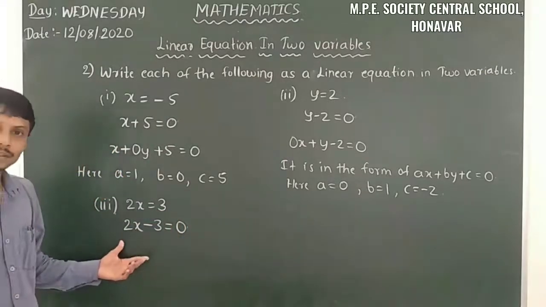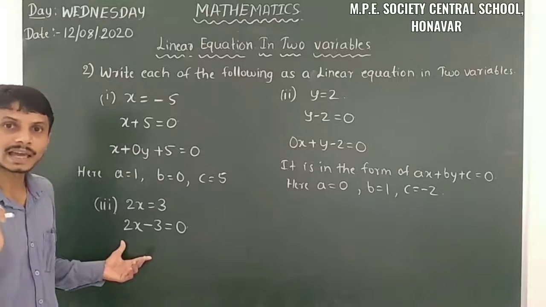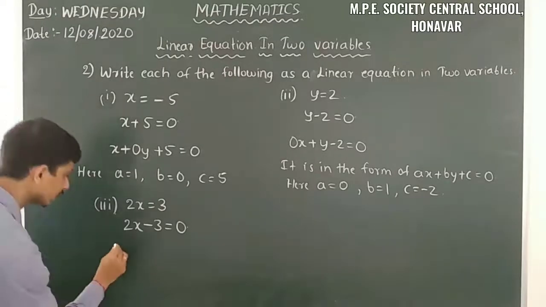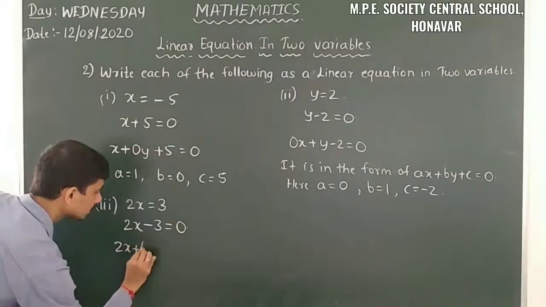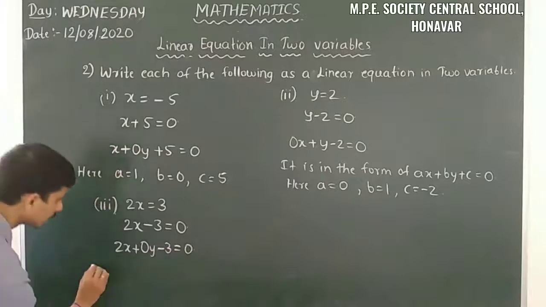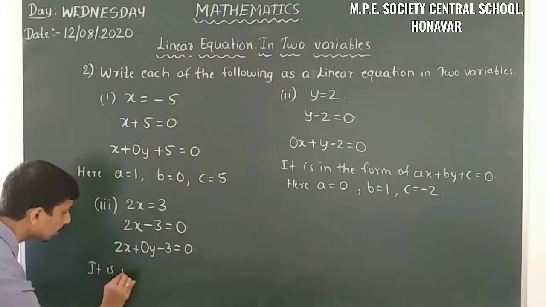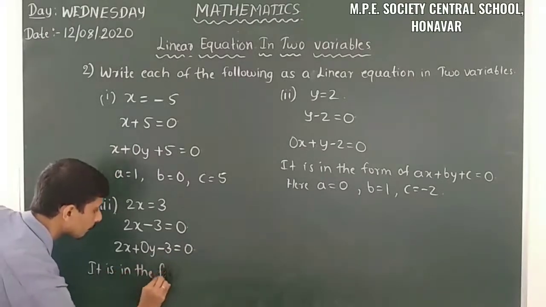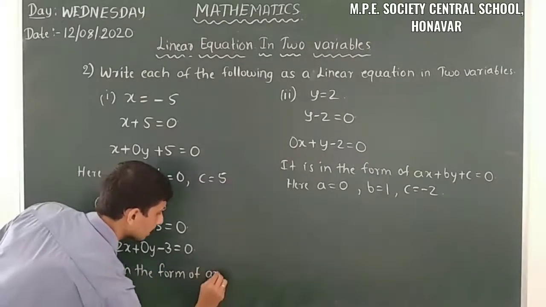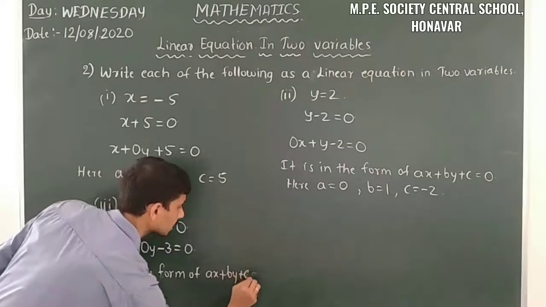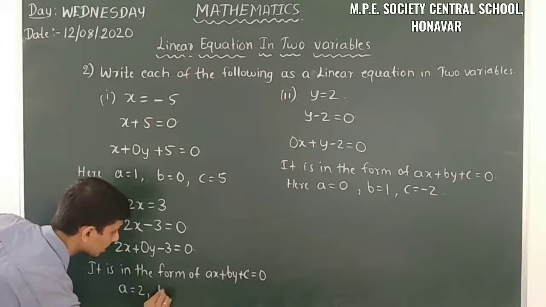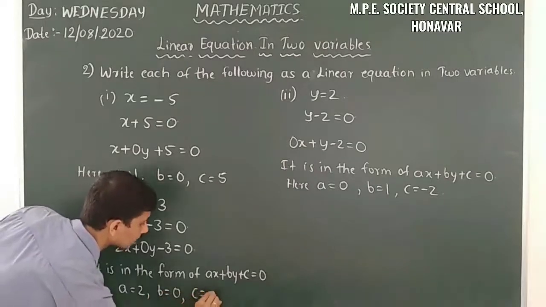Then we have to take the coefficient of x as 2 and the coefficient of y as 0 here. That is 2x plus 0y minus 3 is equal to 0. It is in the form of ax plus by plus c is equal to 0. Here a is equal to 2, b is equal to 0 and c is equal to minus 3.